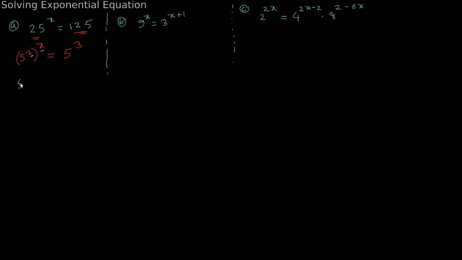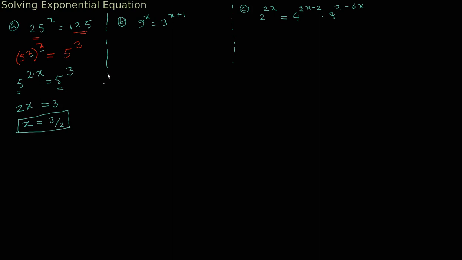So I'm going to have 5 power 2 multiplied by x equals 5 power 3. Now if you notice, both sides have the same base, so I can write 2x equals 3, so x equals 3 over 2. So this is the solution of this particular problem.